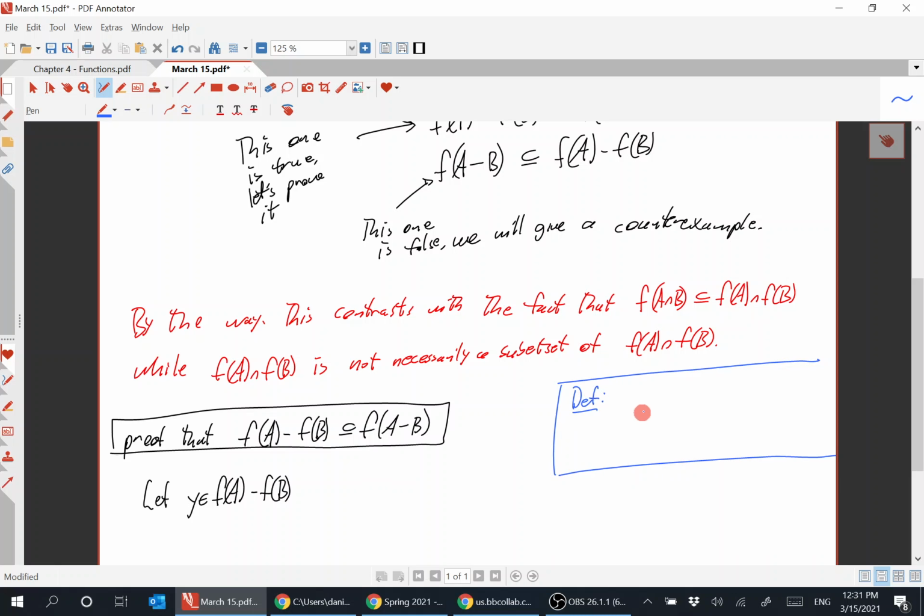Given a function f from domain to range, and A a subset of the domain, the image of A is defined to be what? It's the set of all what?